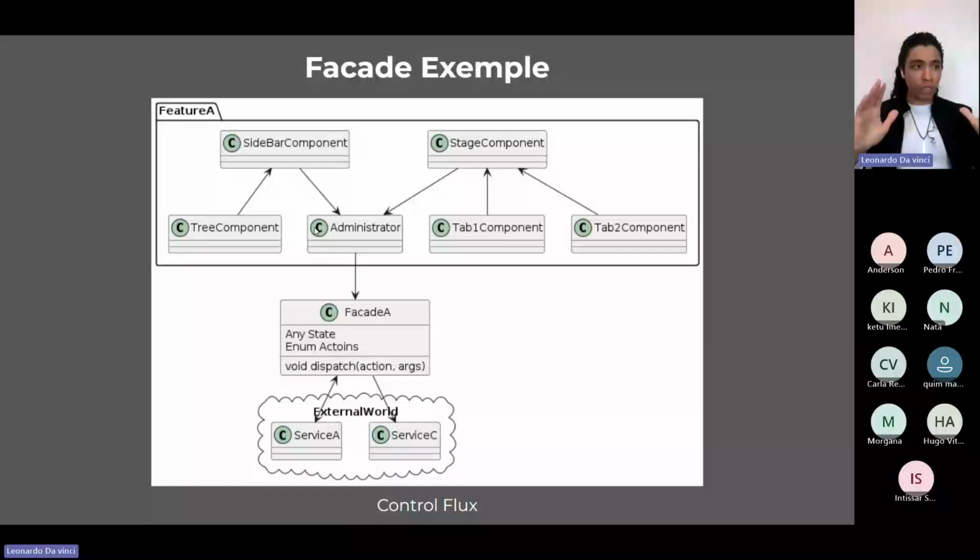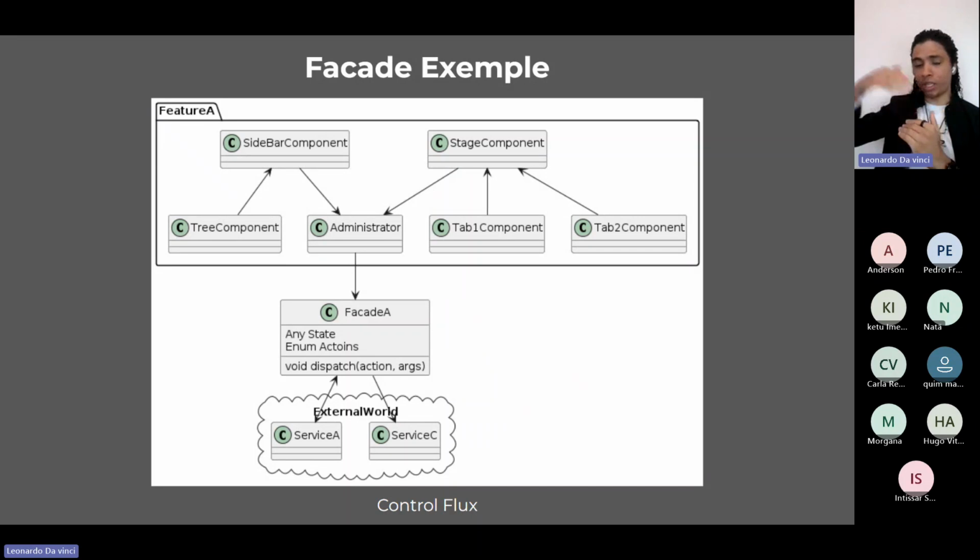So basically, the idea of the facade is you have something. In Angular, it would be a service, but it can be whatever you're using. A service that is going to do everything that you want with the external world. So if you want to consume an API, whatever it is, a WebSocket, you can always ask the facade.